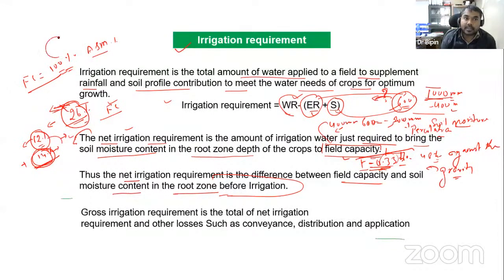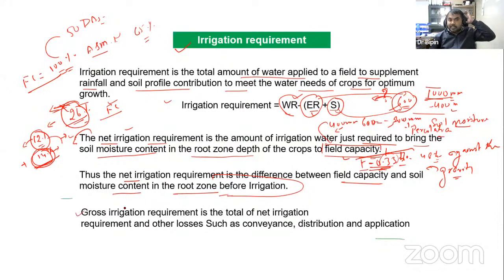When it goes to 50% depletion of available soil moisture, then we irrigate most of the crops. But some crops go to 65% depletion of available soil moisture, and up to that point they will also grow continuously.